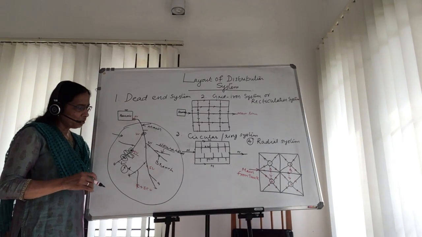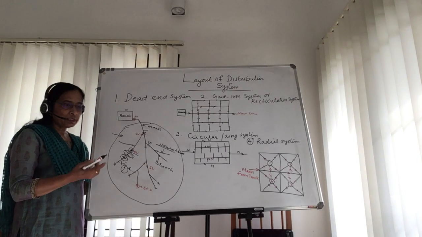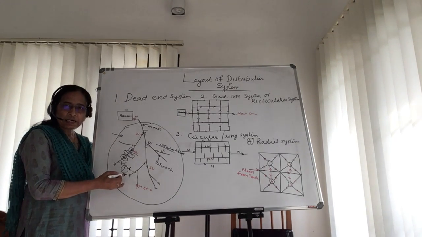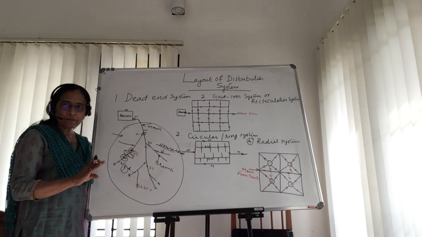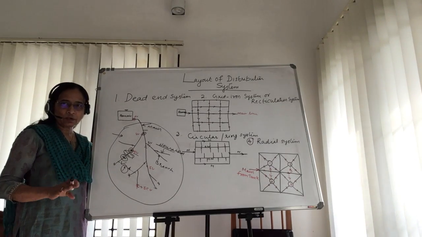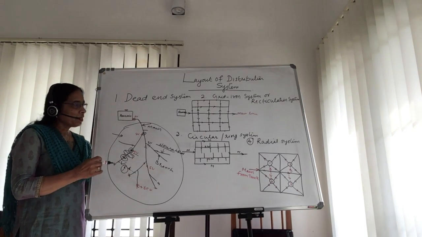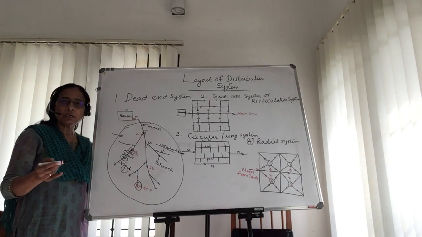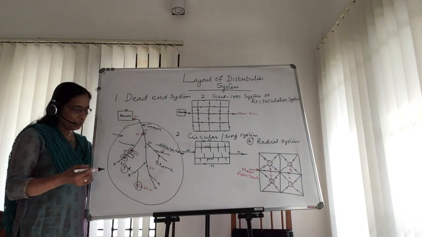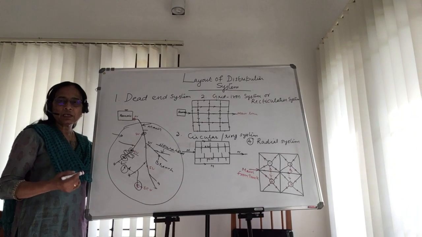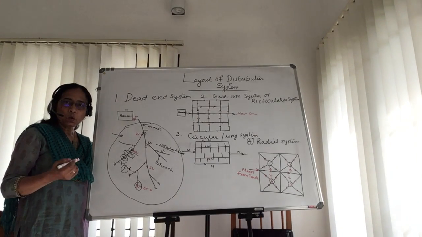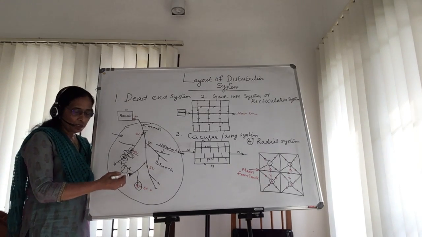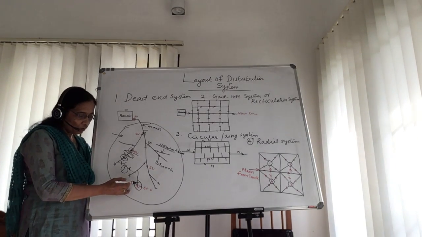Then the third disadvantage is that all these lines, as I mentioned, are dead ends. There is no further connection or further flow, is it? So in that case, imagine that there is some contamination in this particular branch, or there may be some silt or sand deposit in this particular line, because this is the lowest point.